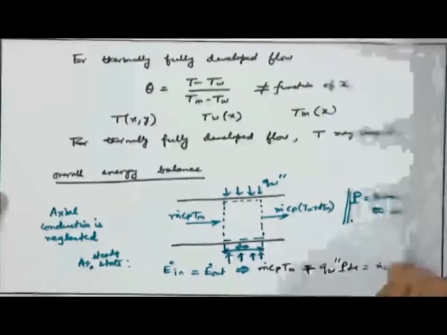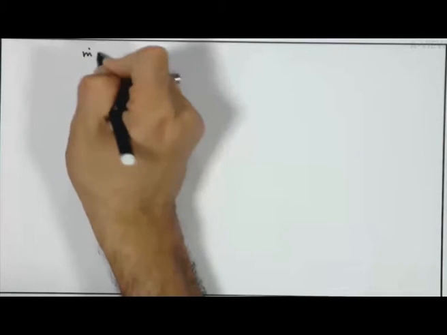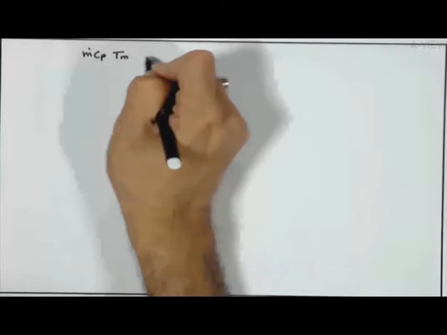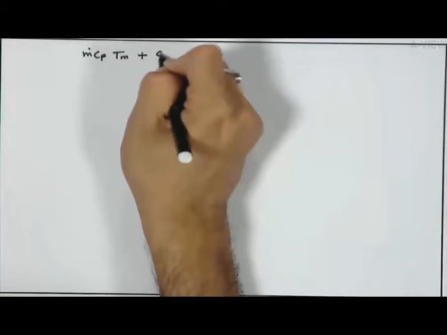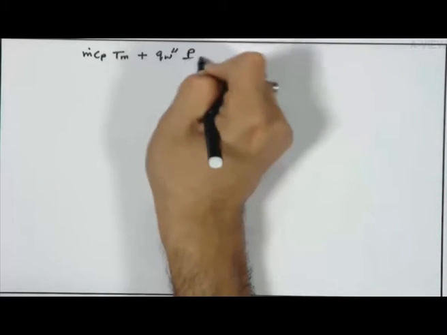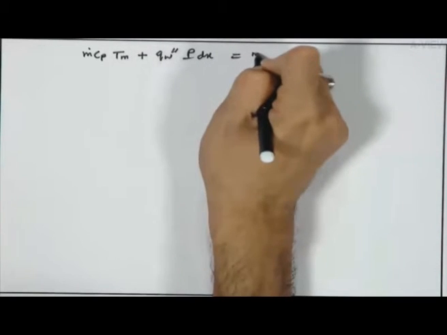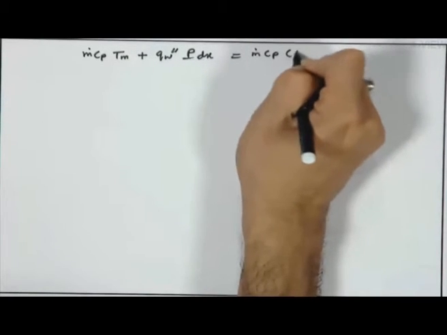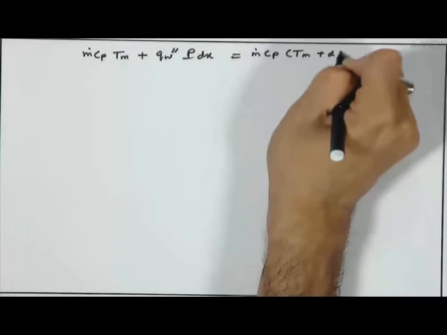So, let me write this equation again. m dot Cp Tm plus q wall into perimeter into dx is equal to m dot Cp into Tm plus dTm.